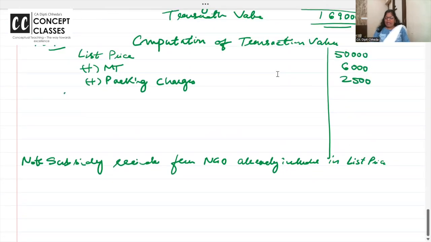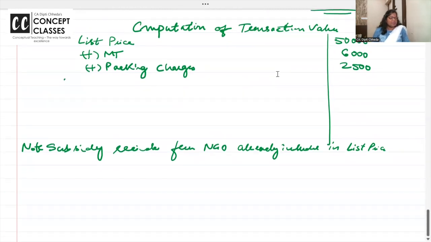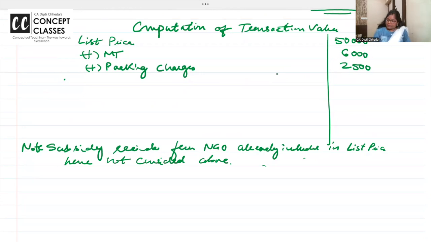Subsidy received from NGO is already included in this list price. Hence, not considered above, or hence ignored. Because subsidy privately received is a part of transaction value, you have to add, but they said it's already included, so ignore. Then amount paid to third party.